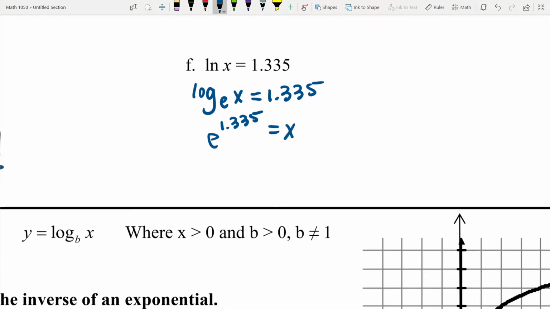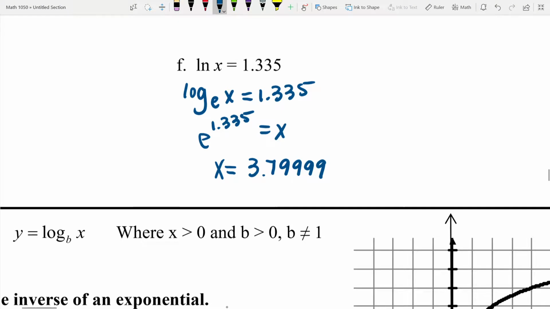Now let's put that in our calculator. So everybody go second, then go down 2 buttons to ln, 1.335, close it, enter, and I get x equals, now this is weird, 3.79999.